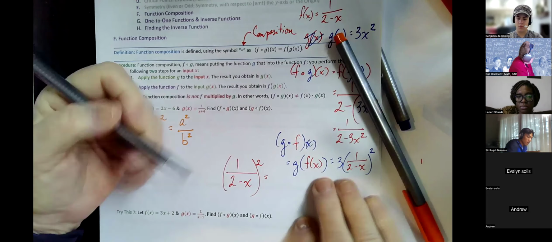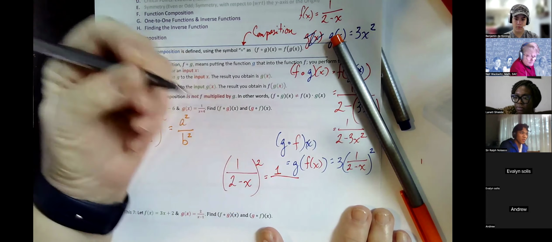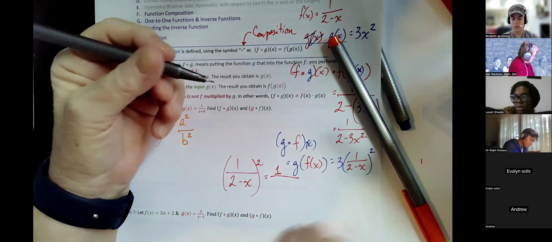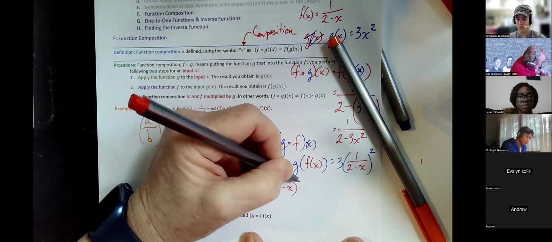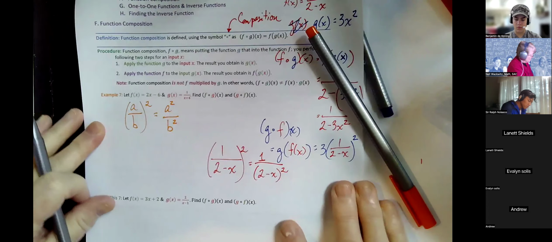So here we've got 1 squared, which is 1, yay. And then we've got 2 minus x squared. And that was the binomial to which I was alluding.